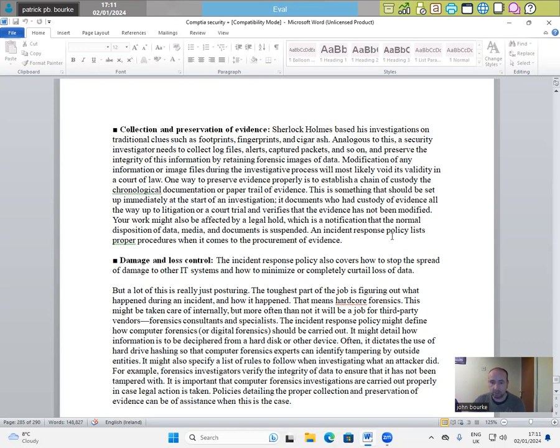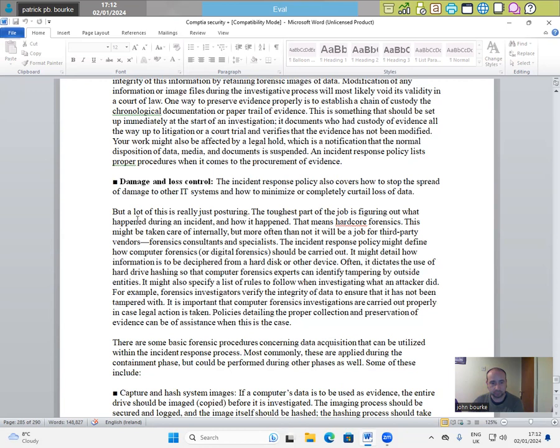An incident response policy lists proper procedures when it comes to the procurement of evidence, damage, and loss control. The incident response policy also covers how to stop the spread of damage to other IT systems and how to minimize or completely curtail loss of data.